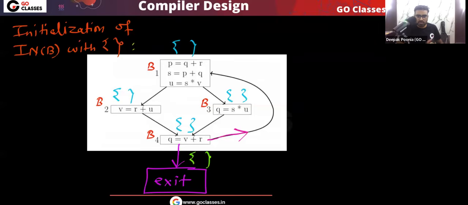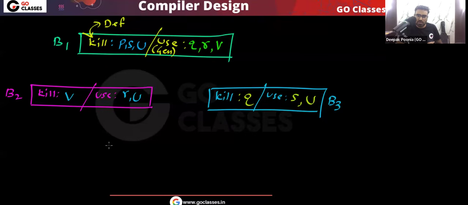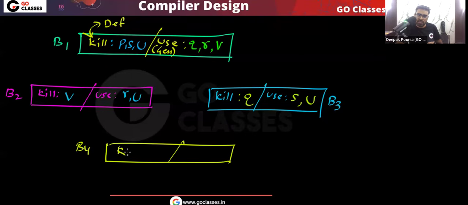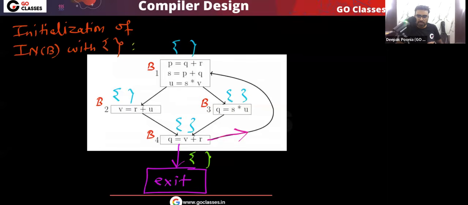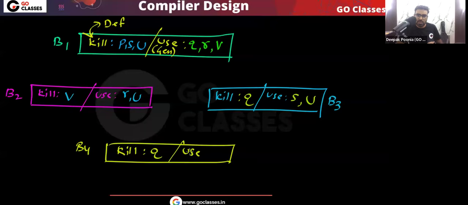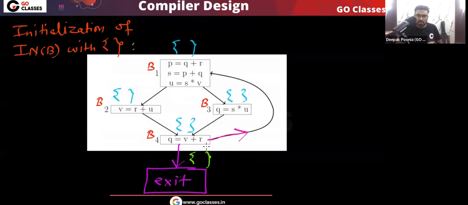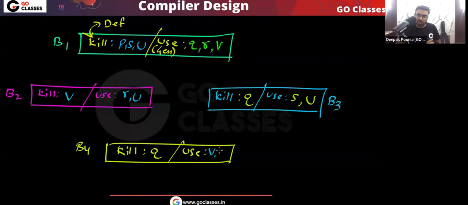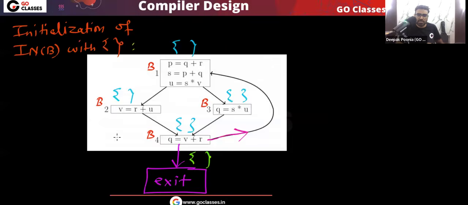What about basic block b4? Here which variables are killed and which are used? You can see variable q is killed, and variables v, r are used or generated. Okay, v, r. That's it. Now, what are the edges? You can see these are the edges. Let me make the edges.